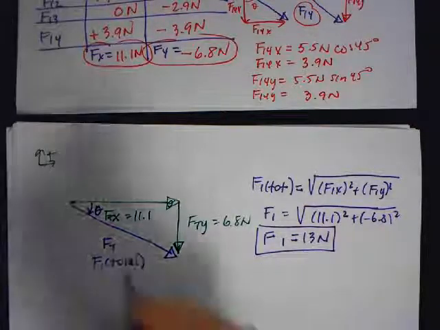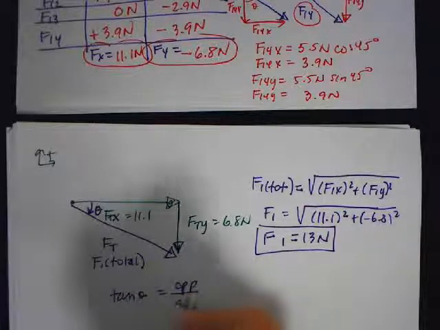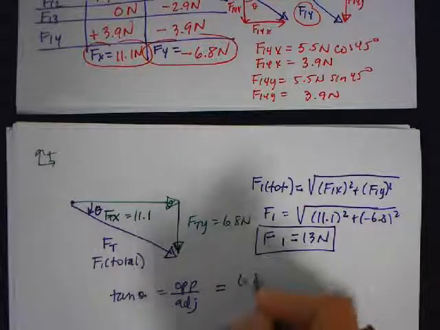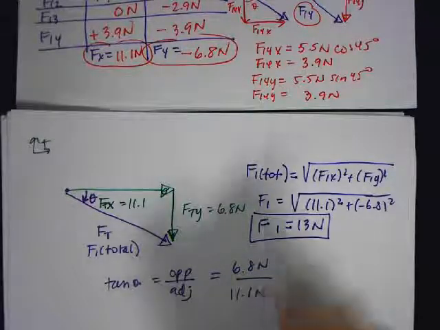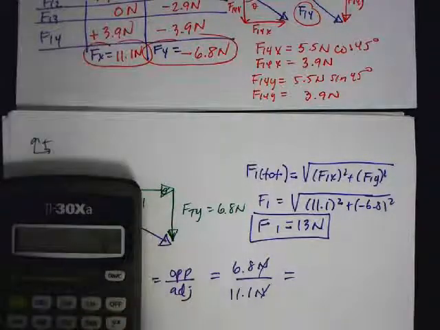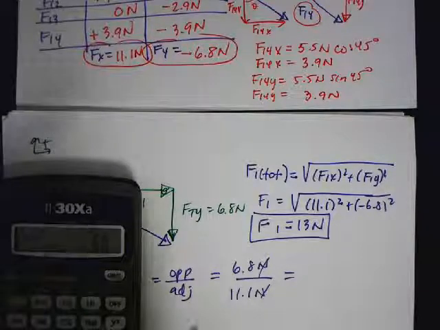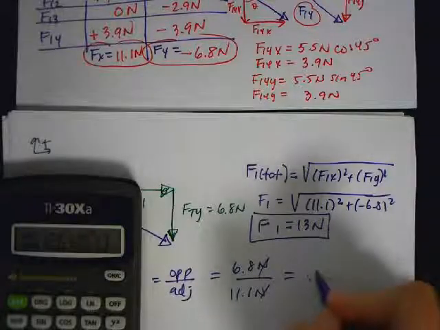So, definition of tangent. Tangent is opposite over adjacent, which is 6.8 newtons divided by 11.1. The newtons cancel. So now on my calculator, I say 6.8 divided by 11.1 equals, and that comes out to be 0.6126, but I don't want that.